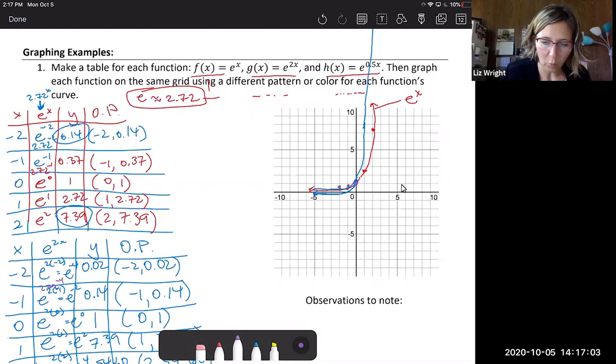And then we've got 1 comma 1.65. And then we've got 2 comma 2.72, so almost 3. And then we've got 3 comma 4.49.